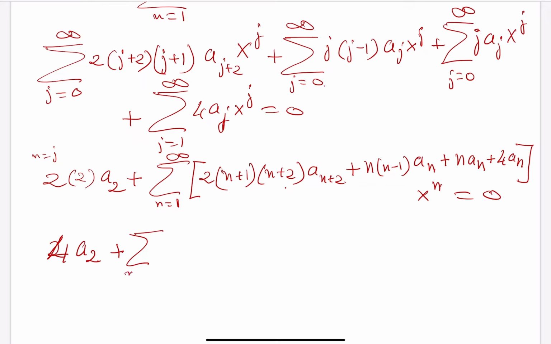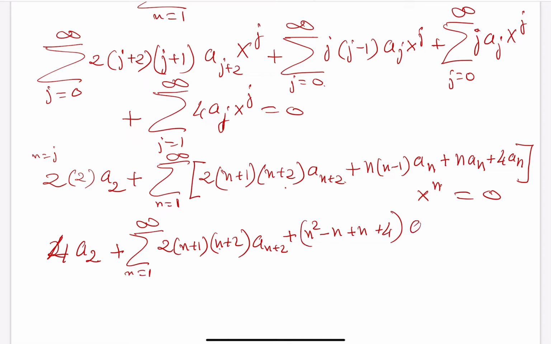The inside, I will have n equal to 1 to infinity, and I will have (2n plus 1)(n plus 2), and then a(n plus 2), plus, if I factorize by an, I will have n squared minus n plus 4, parentheses, an, x to the n equal to 0. Okay, now I have this one.